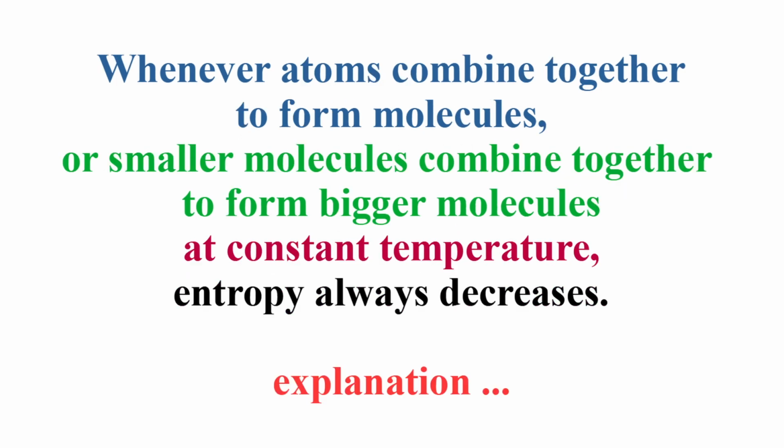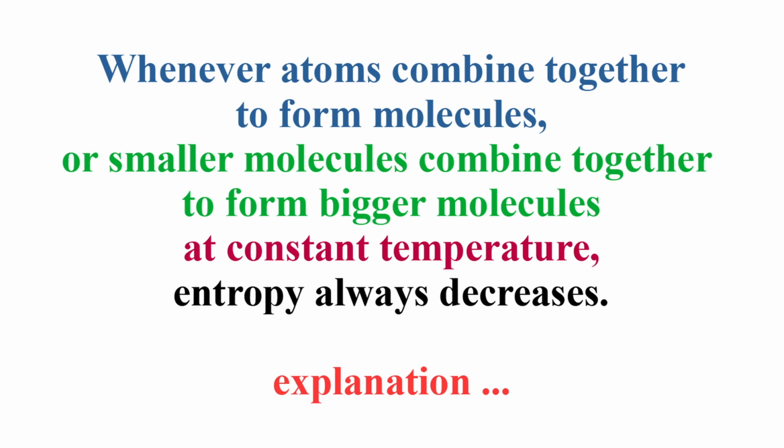That is, at the microscopic level, whenever atoms combine together to form molecules or formula units, or smaller molecules combine together to form bigger molecules, entropy always decreases. In other words, every combination reaction is accompanied by a decrease in entropy.